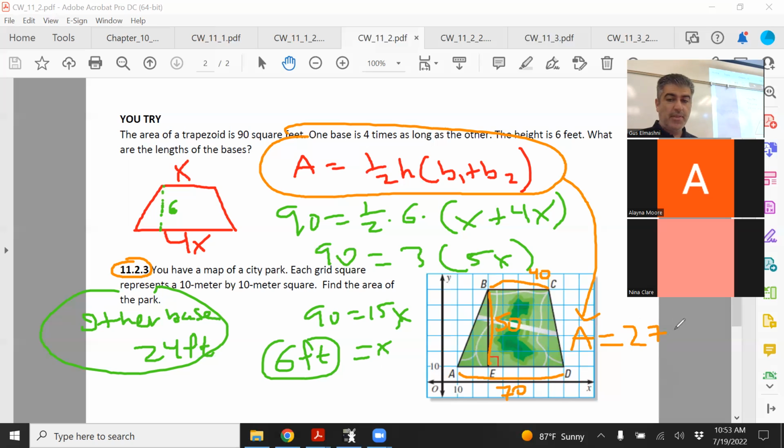Hope you got 2750 square meters. So 2750 square meters. Okay.